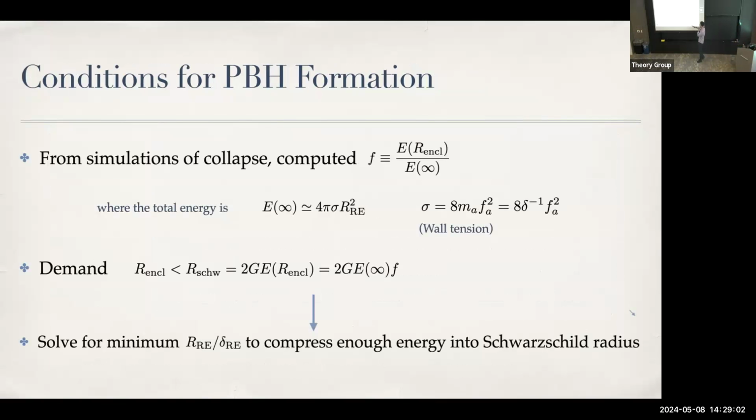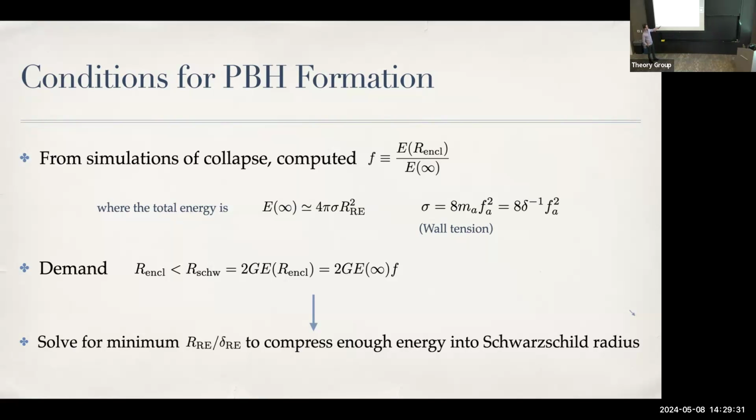From our simulations, what we computed was this fraction F, which was the energy enclosed within a given radius compared to the total energy of my wall system, which we know. It's roughly the area of the wall times its wall tension at re-entry. To find whether we can form a PBH, we demand that the radius which encloses the given energy has to be less than the Schwarzschild radius of that energy.